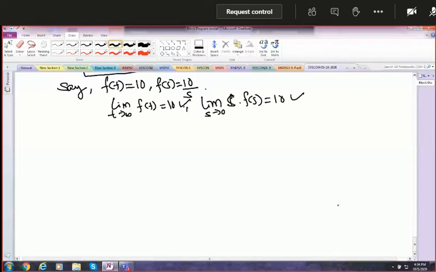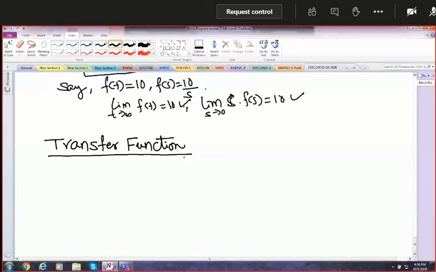Okay. So with this, I am going to introduce a very important concept called the definition of transfer function. Many people abbreviate this as TF.